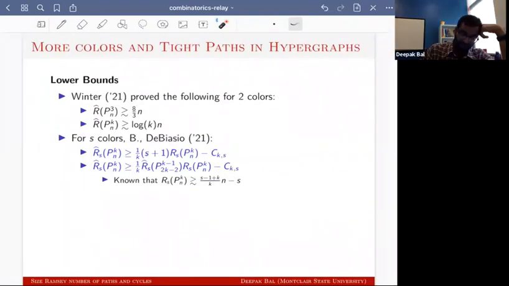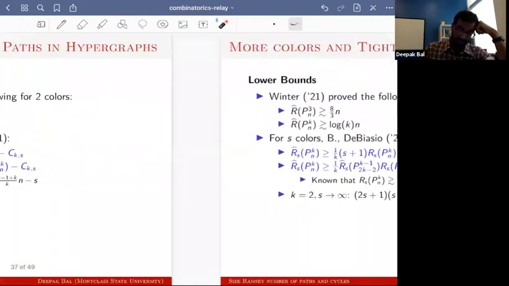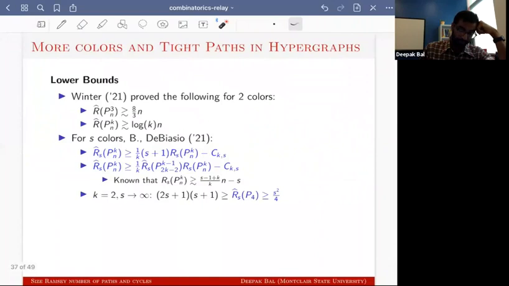Oh, and by the way, there's a known lower bound on the S color K uniform tight paths of essentially (S minus 1 plus K over K) N. So we can use these things together to prove a couple of things.